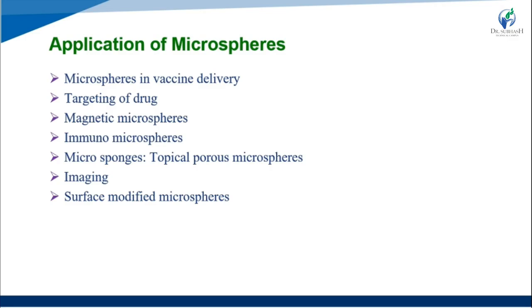Then drug targeting, magnetic microspheres, preparation of magnetic microspheres like modified microspheres, immunomicrospheres, also a modification type of microsphere, then microsponges like topical porous microspheres, then imaging, and surface modified microspheres, which are also included in modified microspheres.